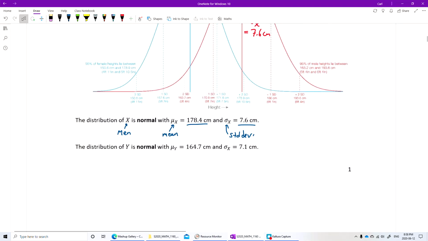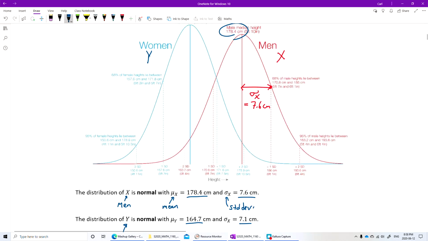Okay, and then the same parameters for women: the mean is 164.7 and the standard deviation is 7.1. So for women, sigma is here. And notice I'm using subscripts.